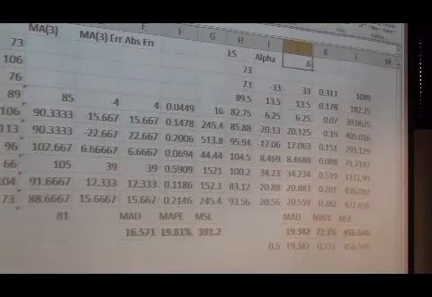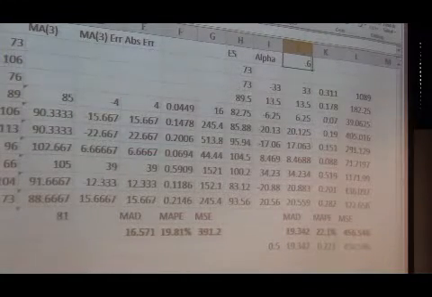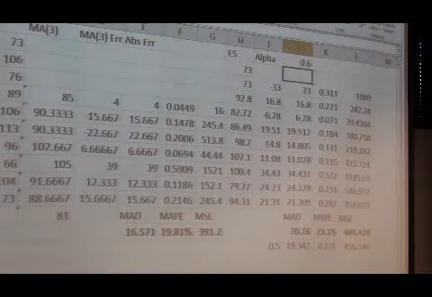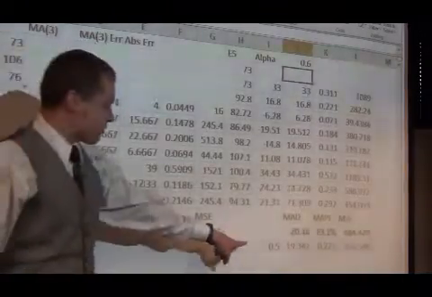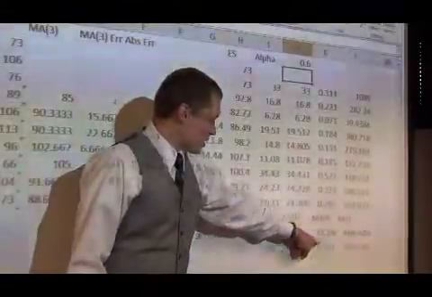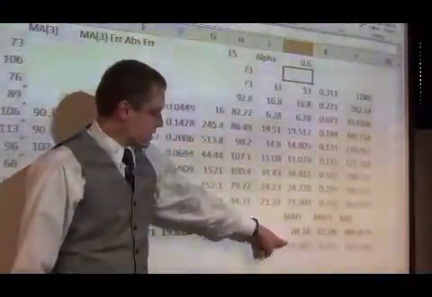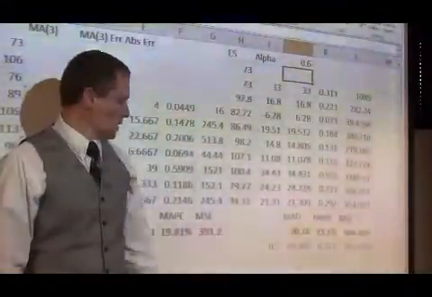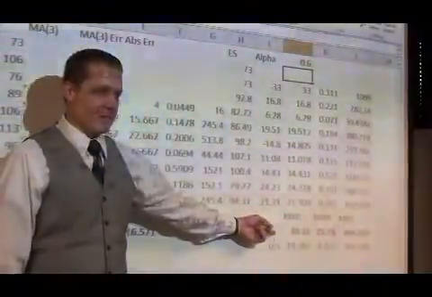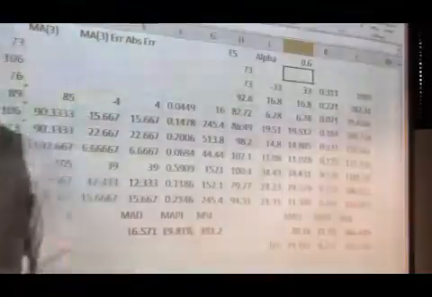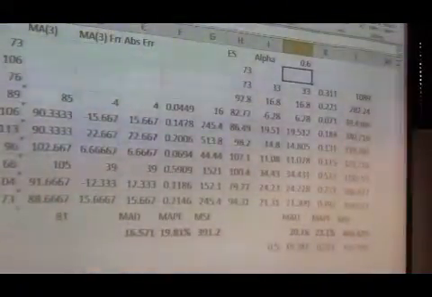So when I change alpha to 0.6, it's going to change all my numbers. But since I've copied values from when I had an alpha of 0.5, I have an easy way to judge those. So alpha of 0.6 seems worse than an alpha of 0.5. All of our errors have gone up, right? So we're getting worse. So maybe we should go back down. Let's try an alpha of 0.4.